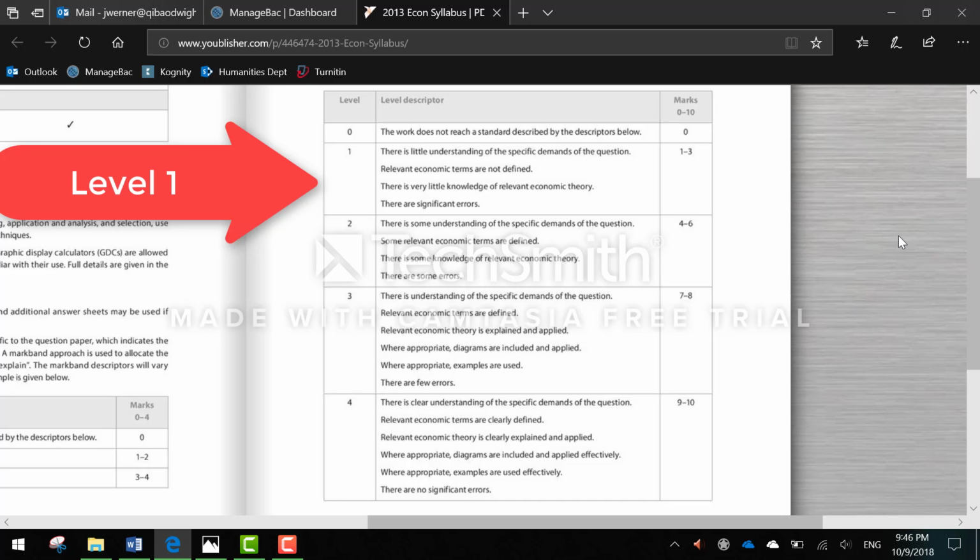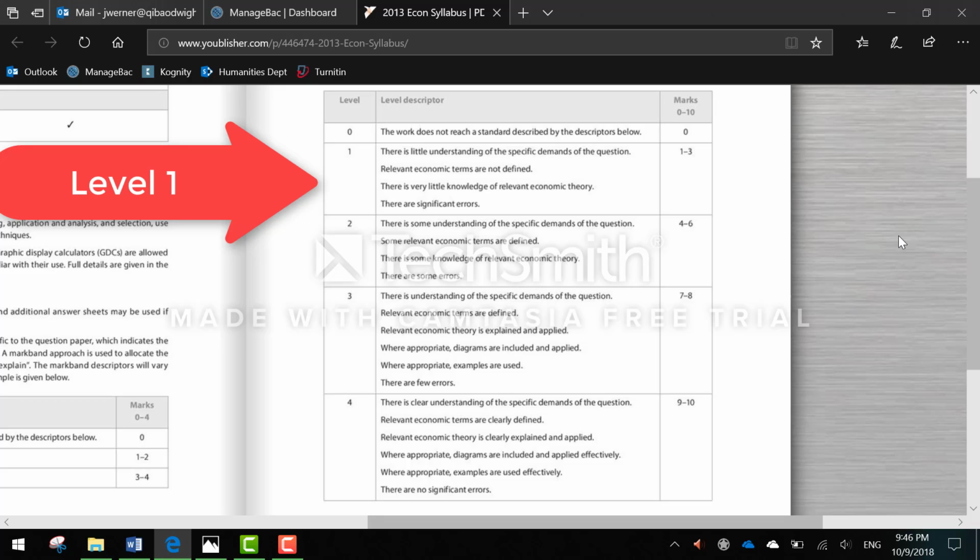And therefore, if you have neither of those, you would be stuck in level 1, or at least stuck in level 2. Let's look specifically at level 2, because I actually think level 1, for all practical purposes, only happens when the question is answered completely incorrectly.